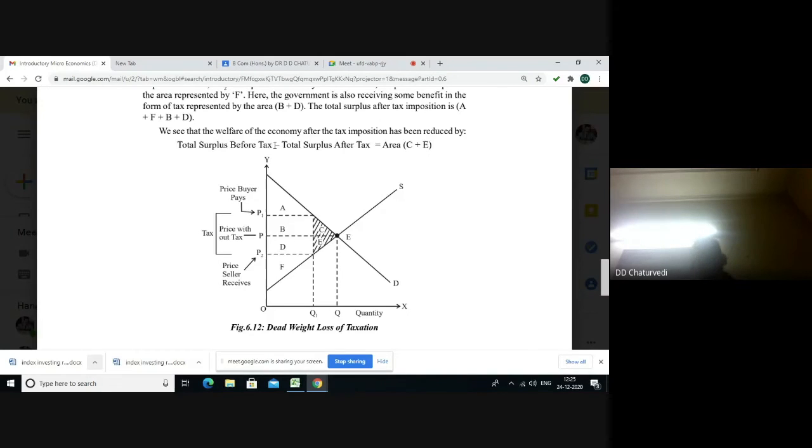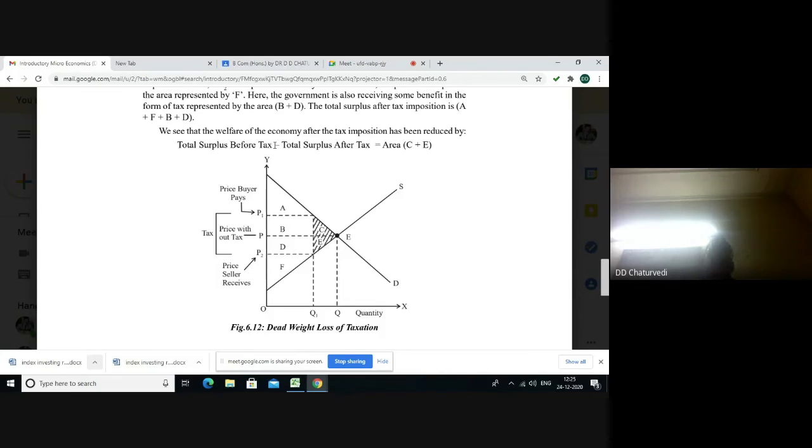New consumer and producer surplus are also found out by using the same logic. We find that the welfare of the economy after imposition of tax is reduced by area C plus E. This area is neither going to the consumer nor to producers.